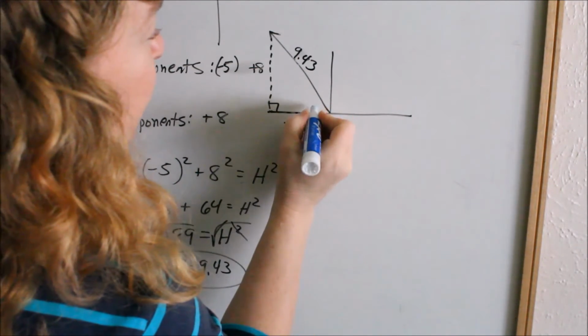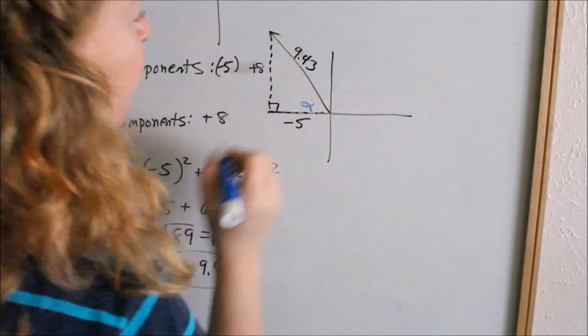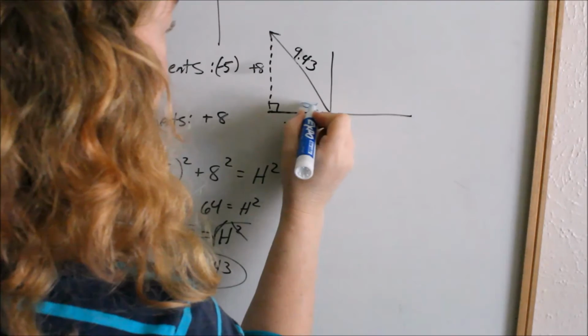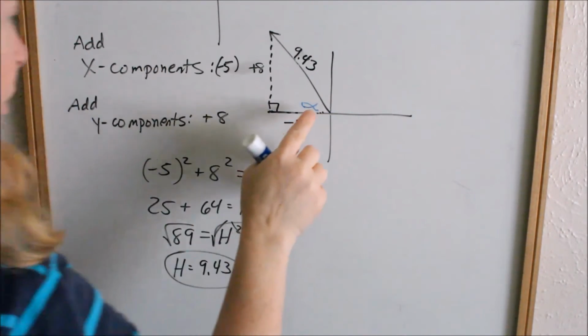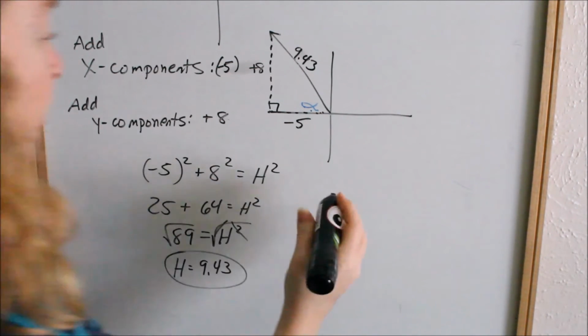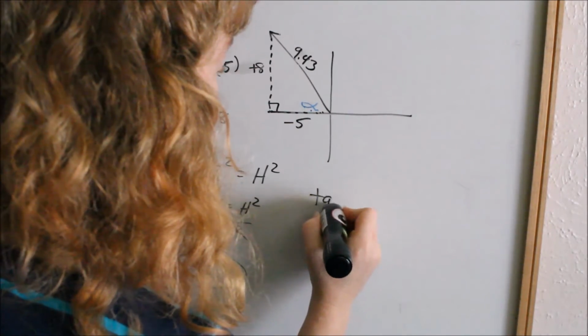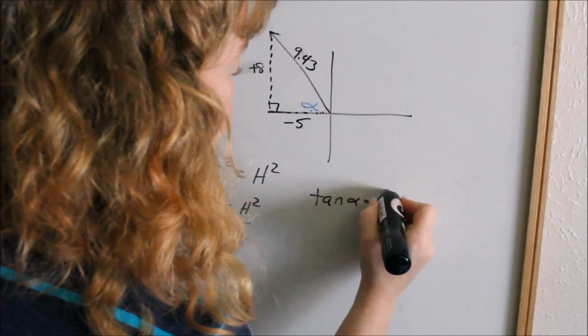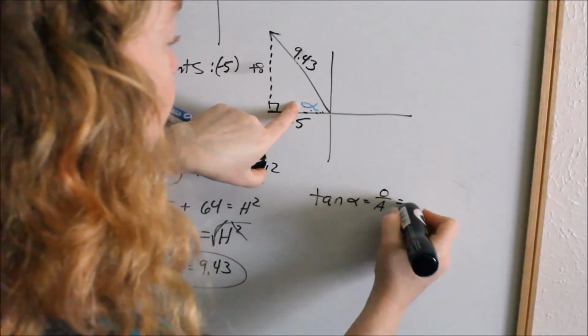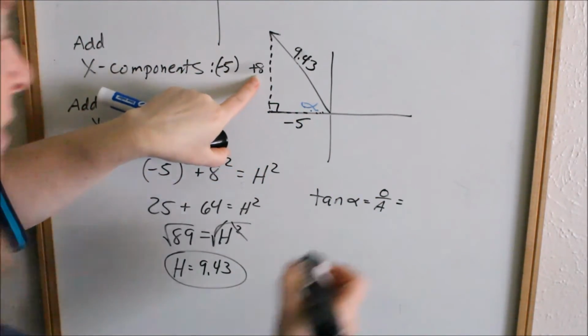We are going to call this angle right here alpha. We can solve for alpha. It's another Greek letter. Looks like a Christian fish. So we can solve for the Greek letter alpha. Again, I like to use tangent. Tangent alpha equals opposite over adjacent. If I'm standing at alpha, what is the side opposite of me? 8.